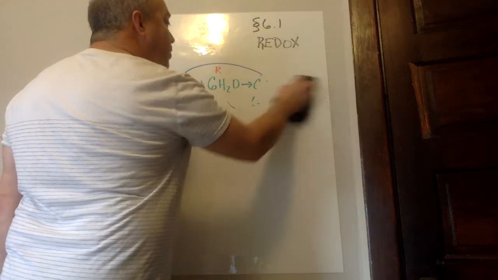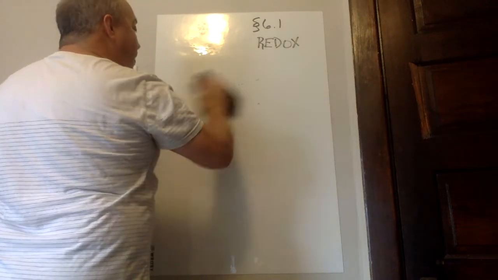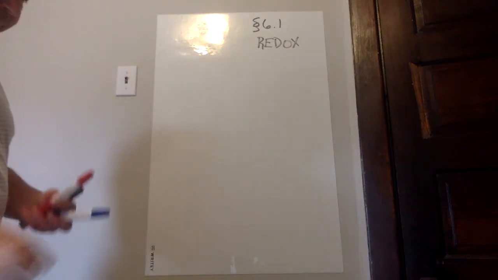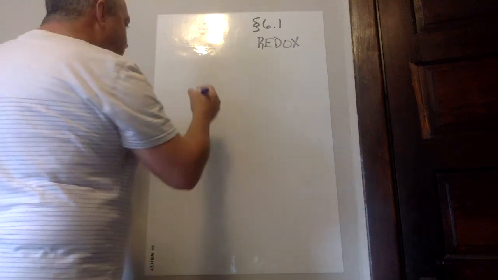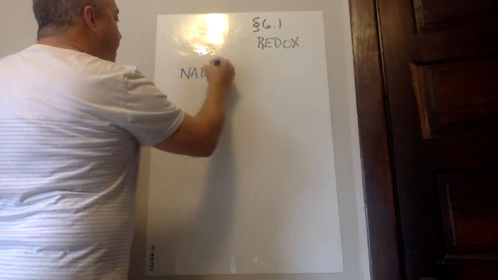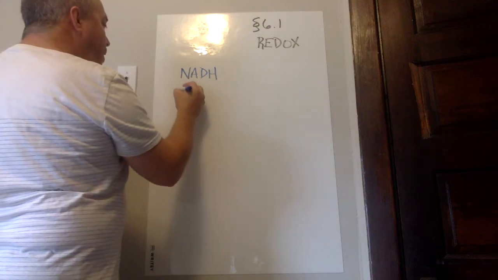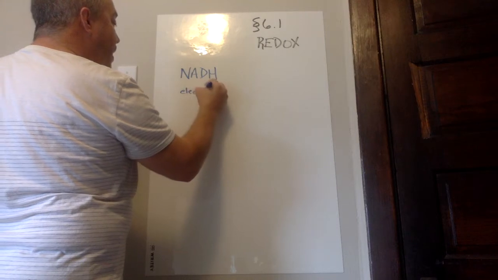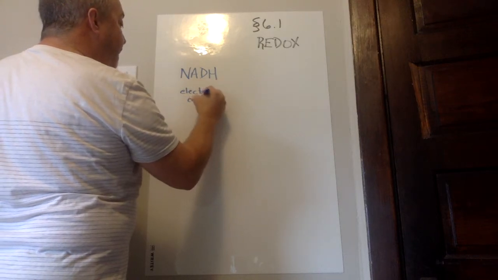There are lots of equations we're going to be going back and forth on and talking about this semester. Another one that's going to be really important is a molecule called NADH. So NADH is a molecule that's called an electron carrier.